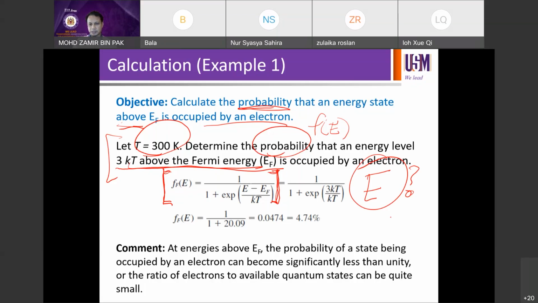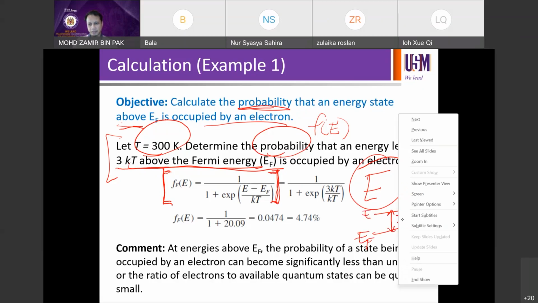Relative change between, say, this is your E. We can imagine, you can just draw this one above EF because it's above anyway. So then you have EF. And then what is E minus EF here? The difference? How big? 3 kT, doctor. So it's 3 kT.